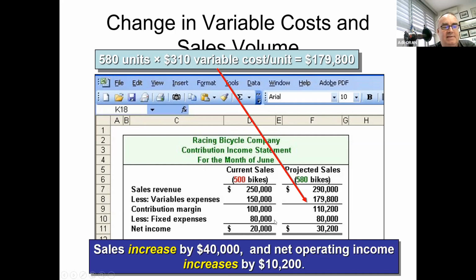And if your fixed expenses have not changed, what this ends up creating is net income goes from 20,000 up to 30,200. So increasing your expenses by $10 per unit, by creating additional demand and causing the number of bicycles sold to go up to 580, actually creates a lot of additional sales, which ends up creating additional net operating income. So this decision overall has been quite beneficial.